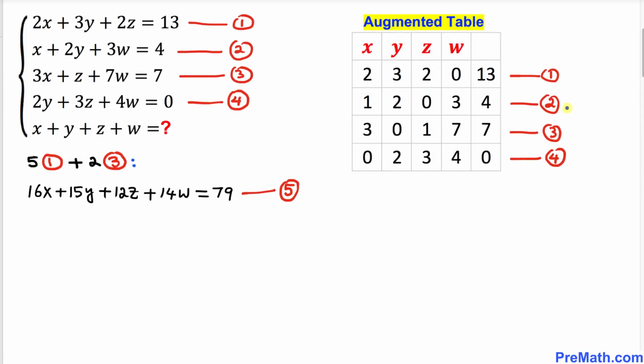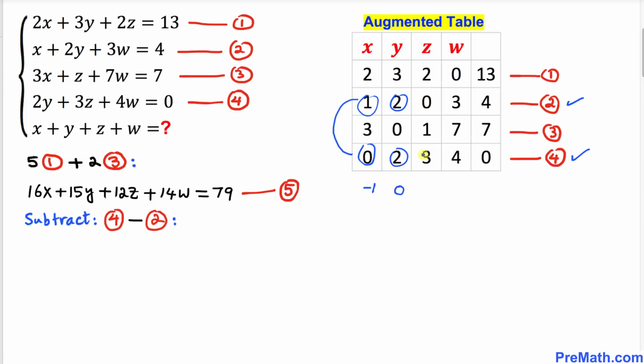And now let's focus on equations 2 and 4. Let's subtract equation 2 from equation 4. When we subtract these equations, we get -1, since this minus this is -1. 2 minus 2 is 0. 3 minus 0 is 3.